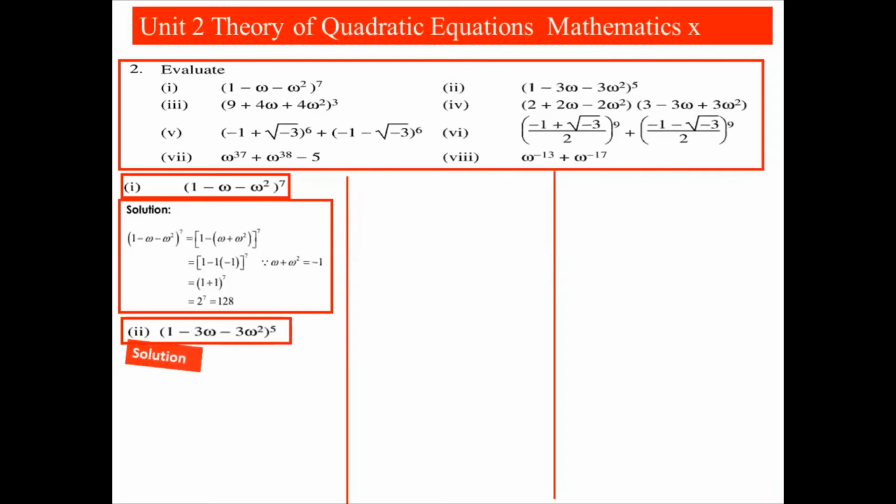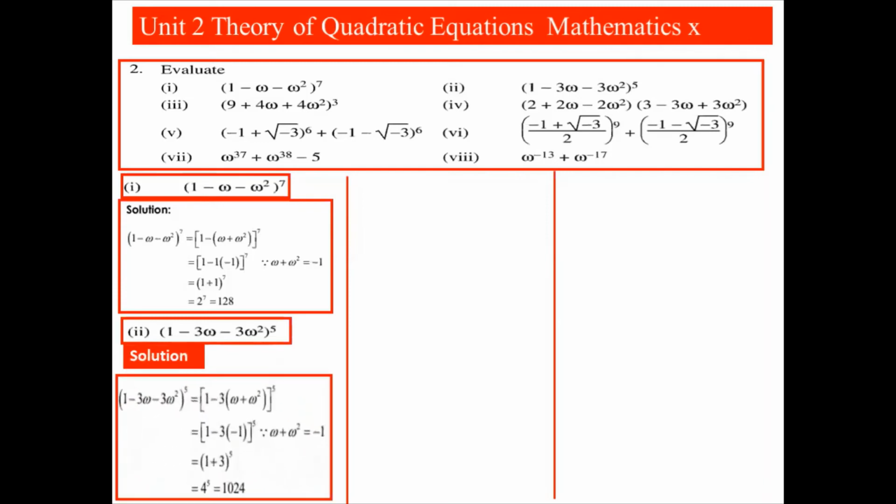Here we can take minus 3 as common, and omega plus omega square we can write is equal to minus 1. So this is minus 3 and this is minus 1. When we multiply these two terms, we have plus 3. So 1 plus 3, 4, and 4 raised to power 5 is equal to 1024.